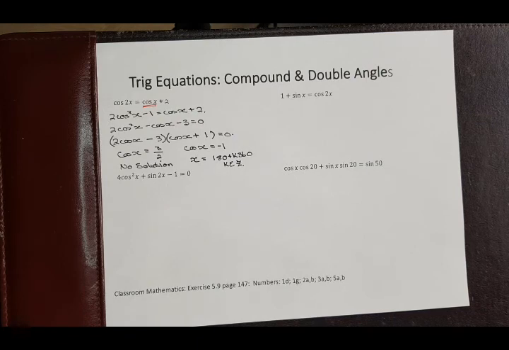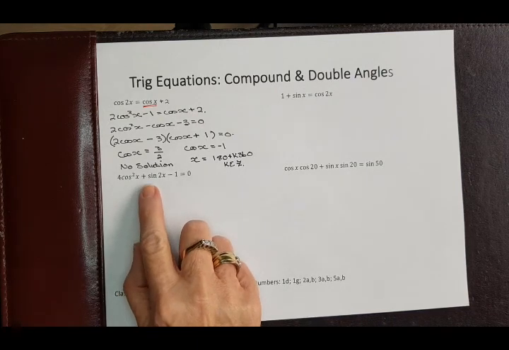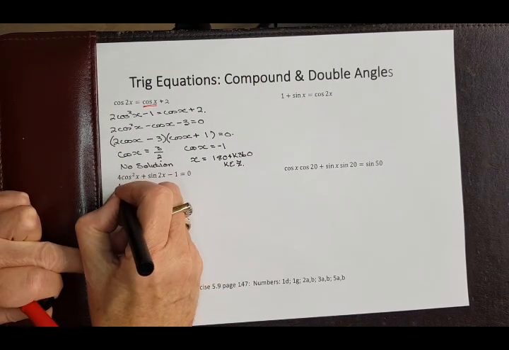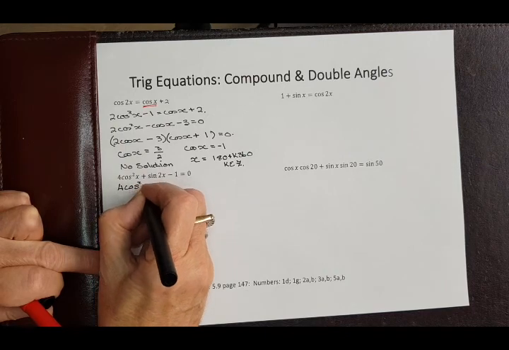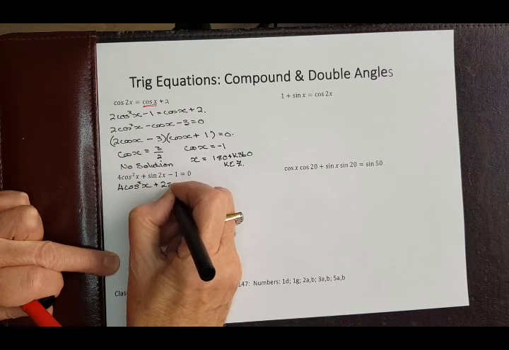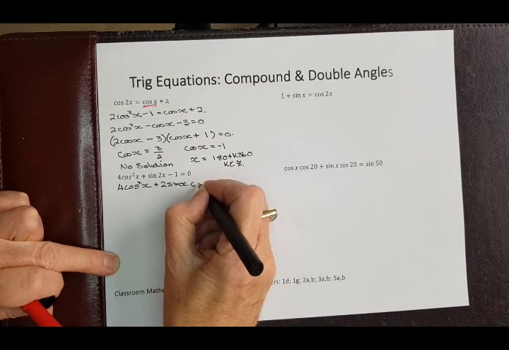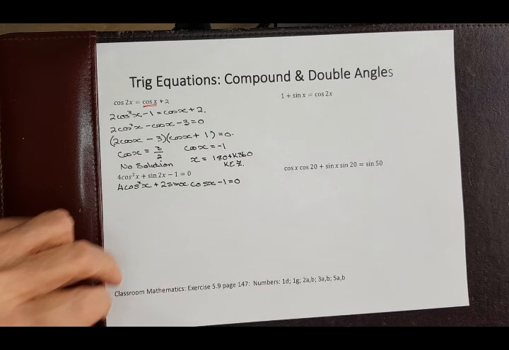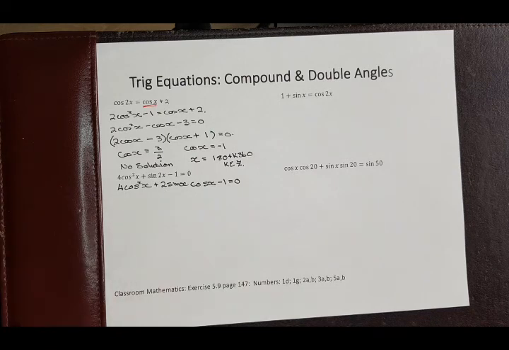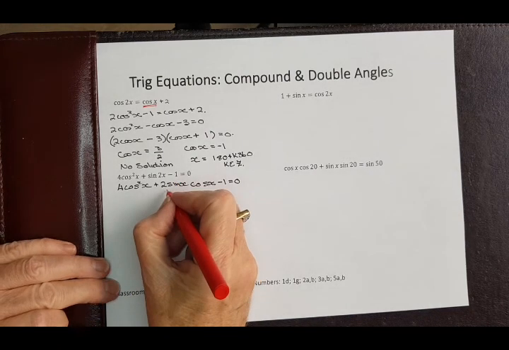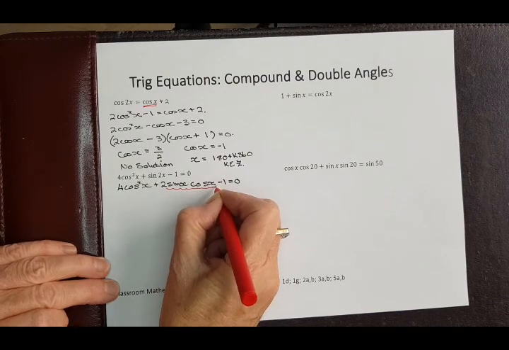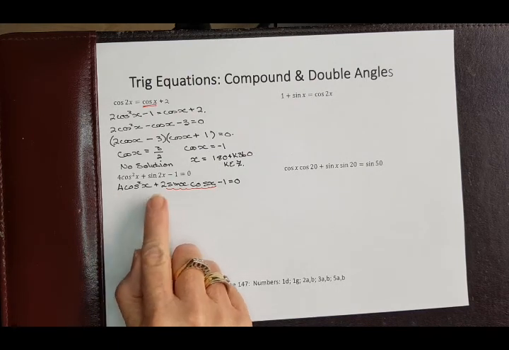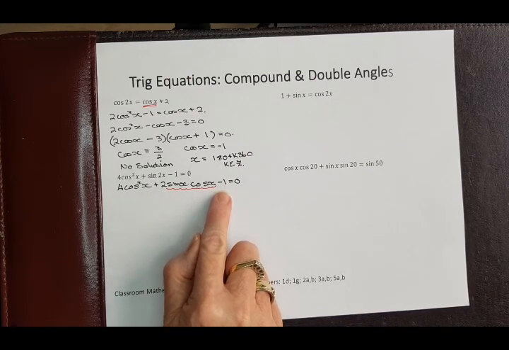The double angle here that we're going to use is sine of 2x. Expand that and you get 4 cos squared x plus 2 sine x cos x minus 1 is equal to 0. Now, as we saw yesterday, the moment you have a potential middle term of a quadratic of sine x cos x, you need to have a cos squared, a sine squared, and no constant term.